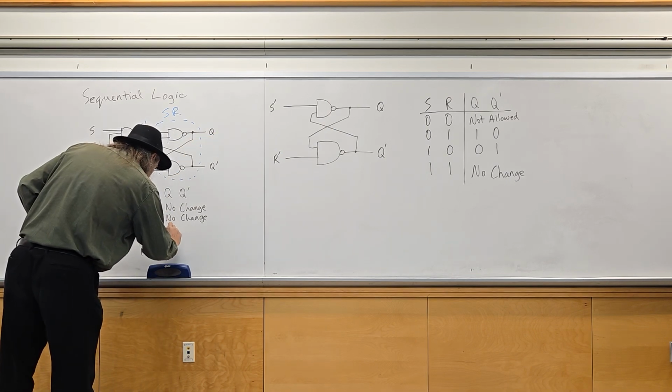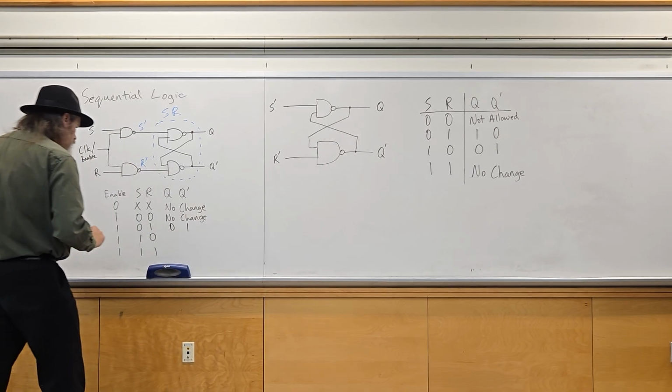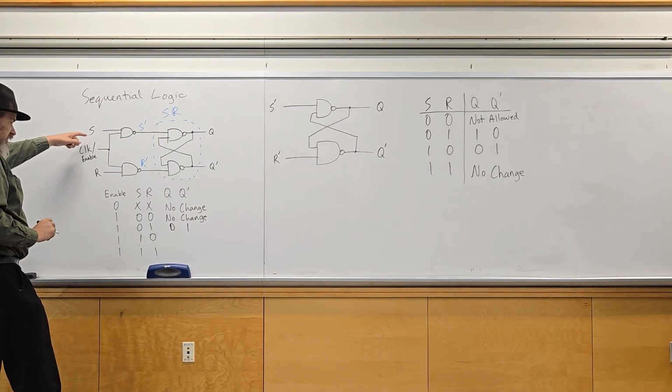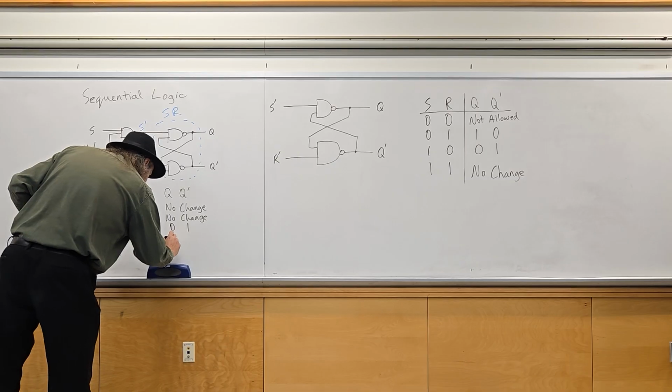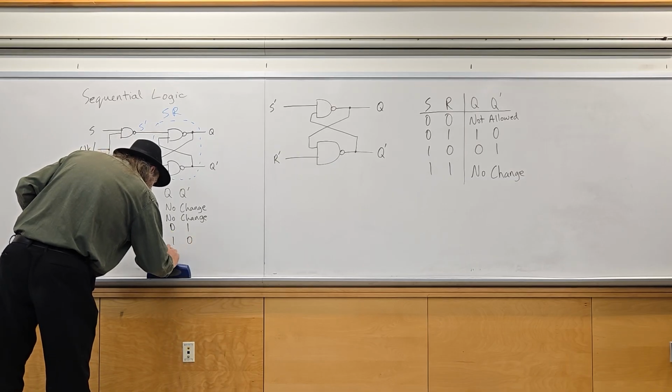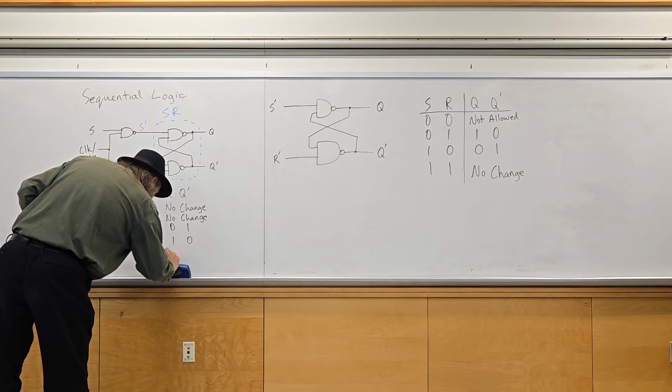It'll give a 0 on the Q and 1 on the Q prime. Likewise, the same logic applies to the set. And again, there is the not allowed state.